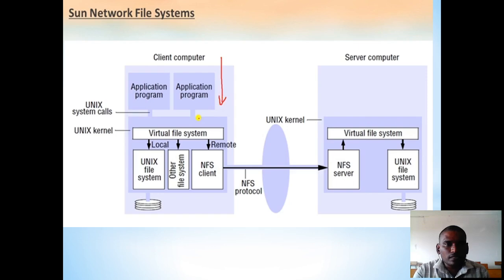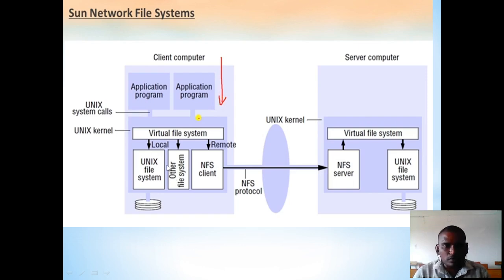Next, this is the architecture diagram for the Sun Network File System. This is the client computer, and this is the server computer. It shows how the client can send a request to the server computer and get the file from it. We have system calls from the application programs, which are sent to the virtual file system. The virtual file system maintains the files to access.